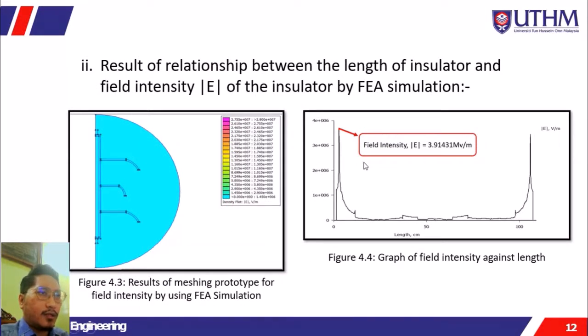We get the maximum voltage and also the maximum field intensity there. As we can see in this graph, the field intensity declines and is minimized towards the middle, because the prototype we built has three shades, the plate with the highest diameter, and a second plate, which also has the highest diameter. But between these plates we use the bowls, which have the shortest diameter.